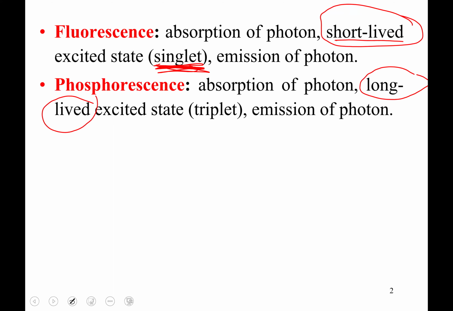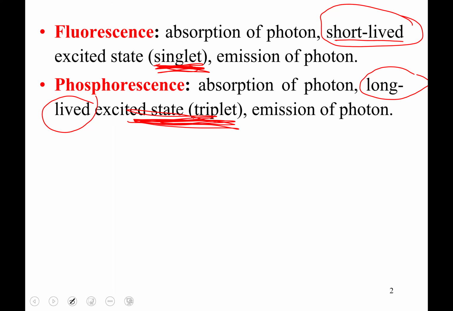In phosphorescence, you have to go from an excited triplet state. This is what we have emphasized again and again. Even when I look at your quizzes, it has to be from an excited triplet state. One has to mention a triplet state. Without that, it will not be phosphorescence. It has to be from an excited triplet state to a ground state.